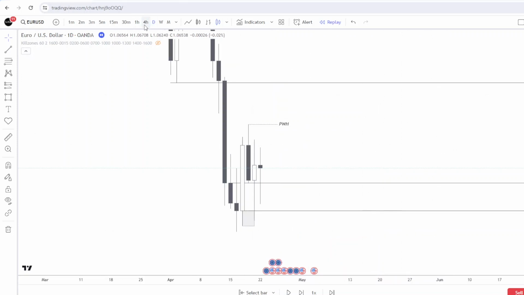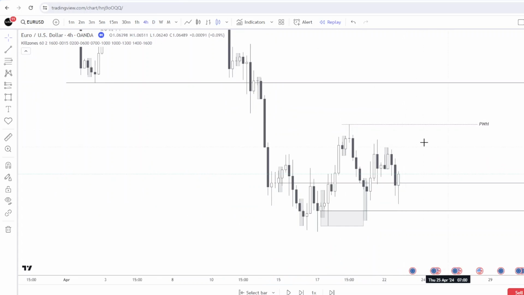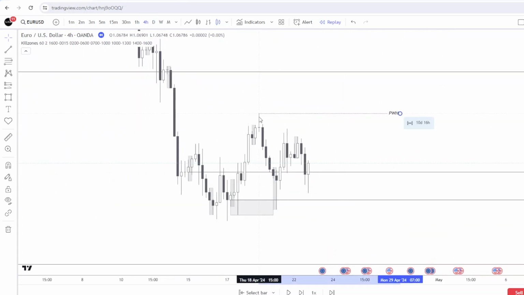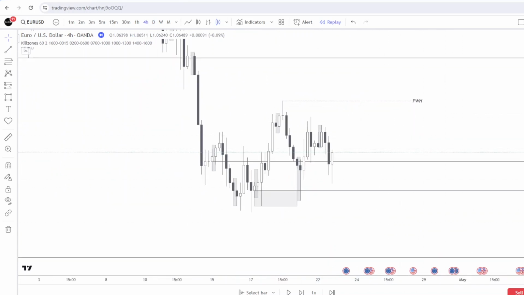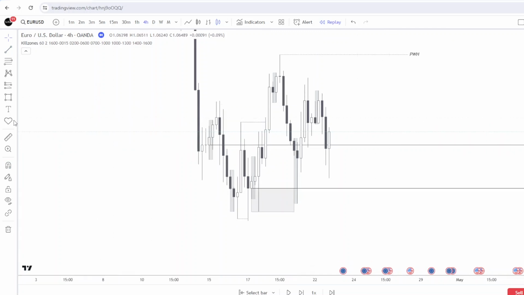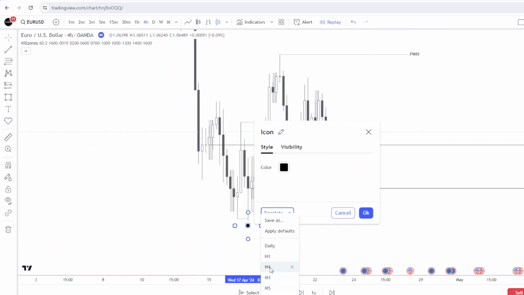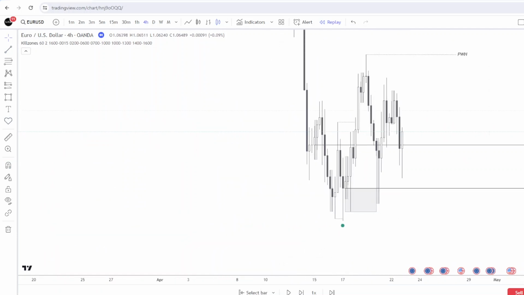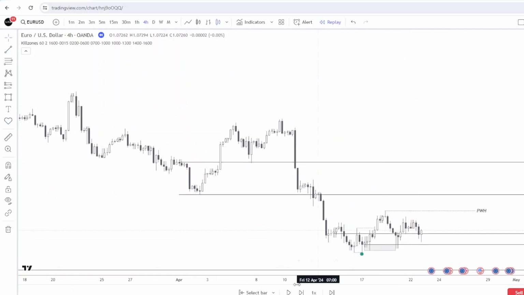Okay, then I went to my H4. On my H4, I had my structure like this. That's a run on liquidity here, and the BOS making an H4 low. So this was my H4 low, and my H4 high was up here.